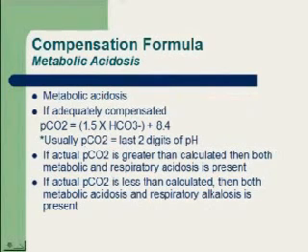Now, there are a number of formulas that are created to help demonstrate compensation, particularly in forms of acidosis. You will not be responsible for these compensatory formulas. It is important to just recognize that in metabolic acidosis, there's a compensation that will occur in the body.